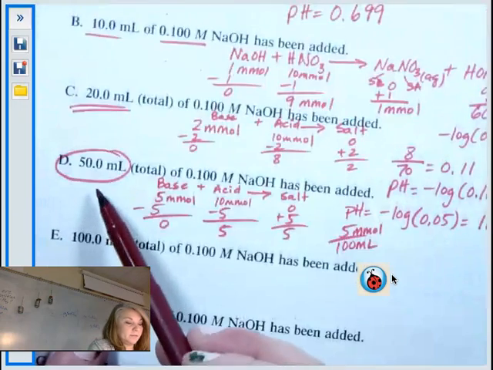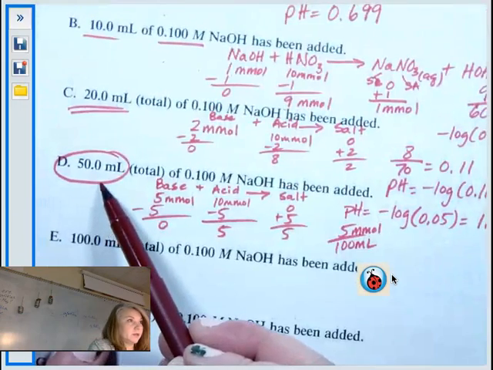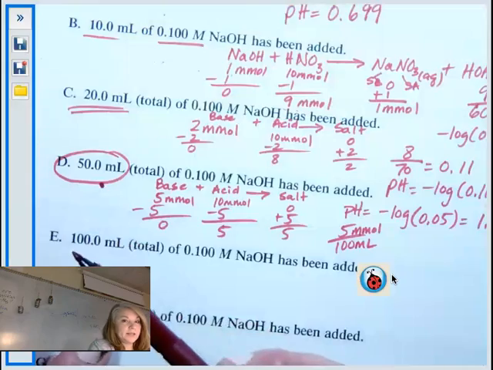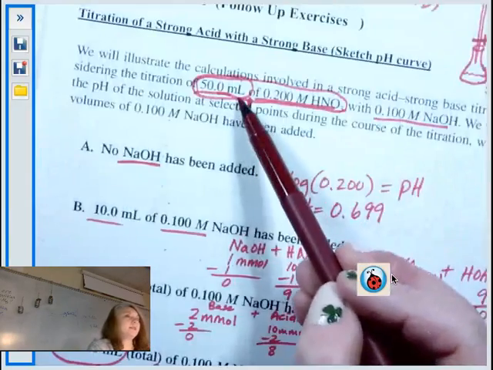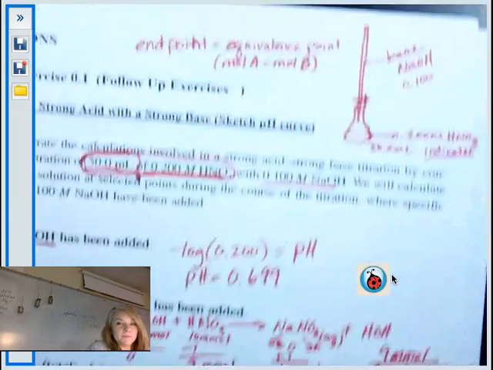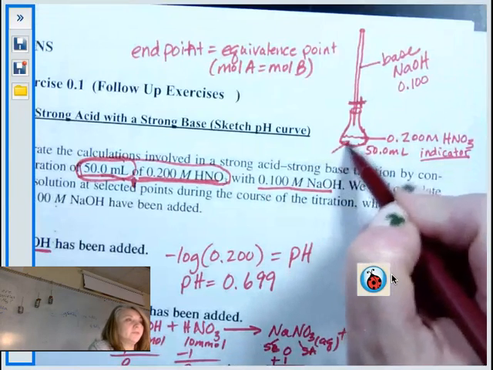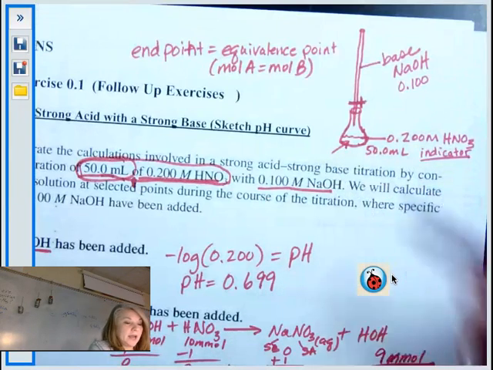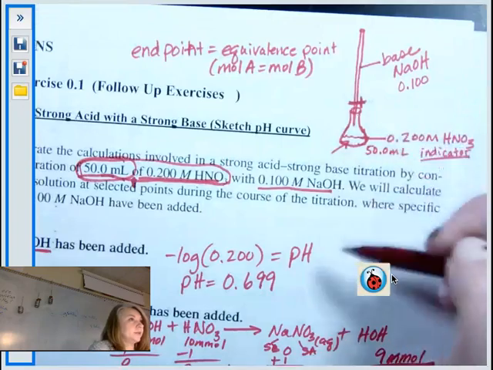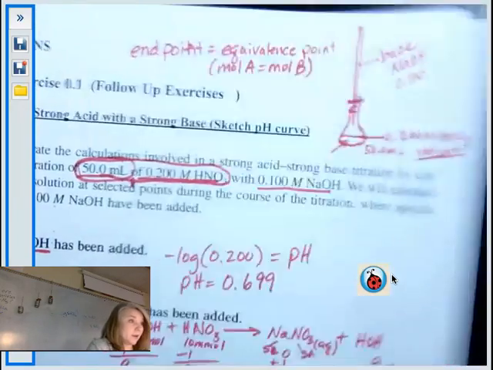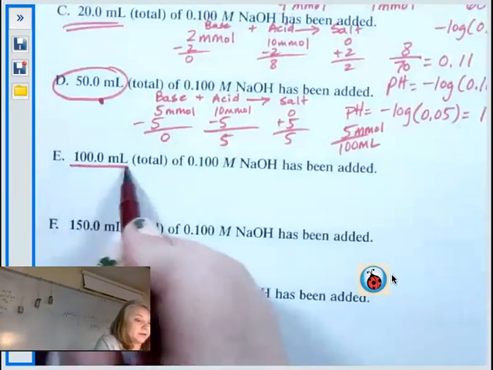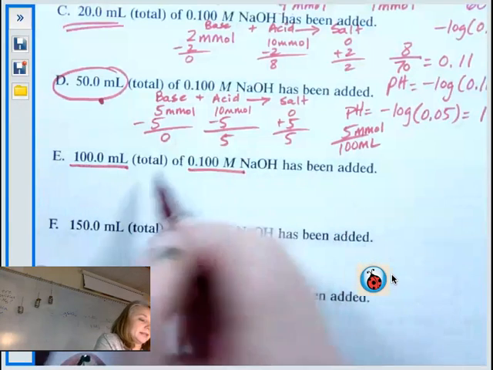How many? 50 plus 50. You have 50 base added to 50 acid. So think about this: you're looking for total volume in the flask. You're adding from the burette into the flask. So now we have 100 total.